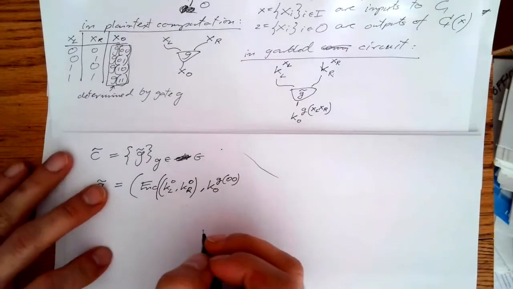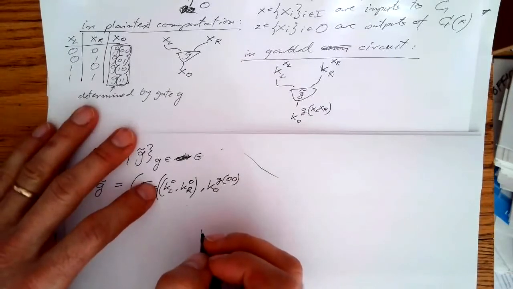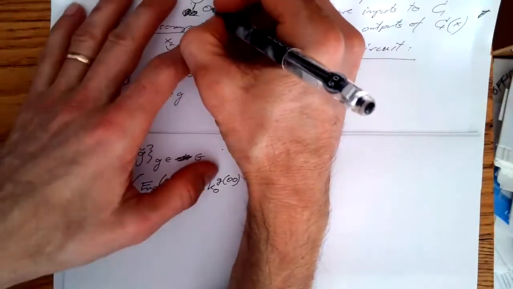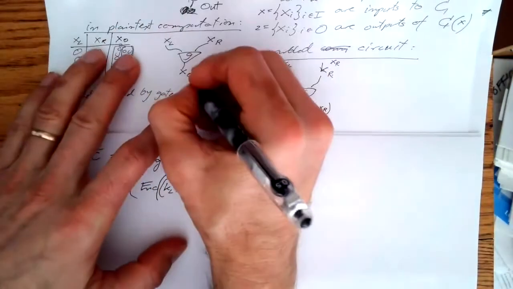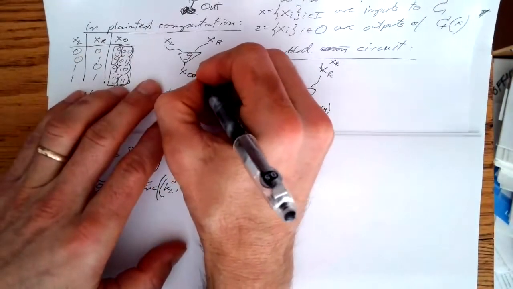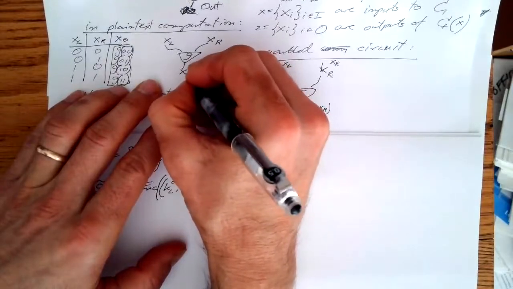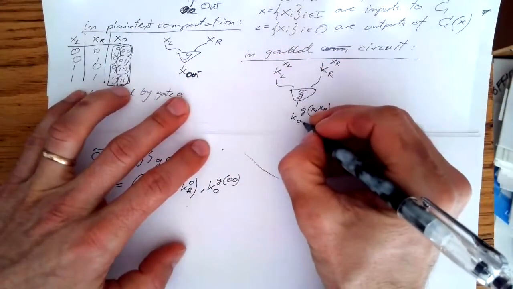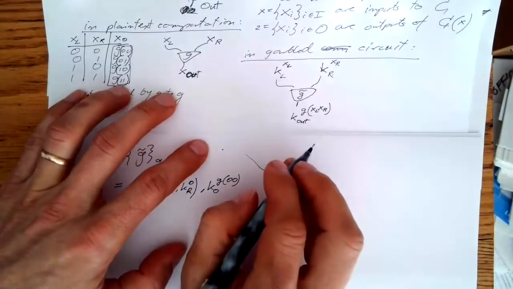How can I fix this? Let me just call it out, and perhaps nothing will happen if it's a few letters instead of a single letter. Out. Okay.